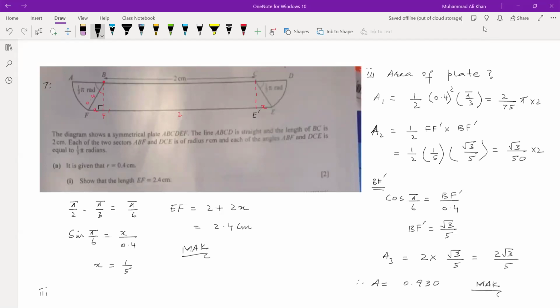Now, the third part of this question: the perimeter of the plate is 6 centimeters. Find the value of R, correct to 3 significant figures.